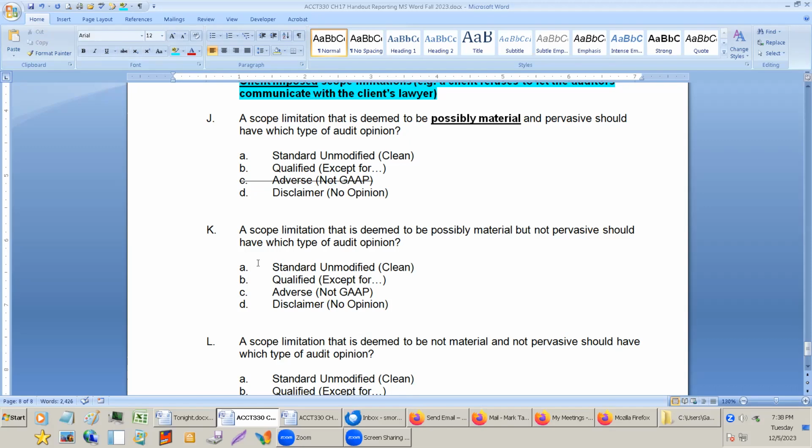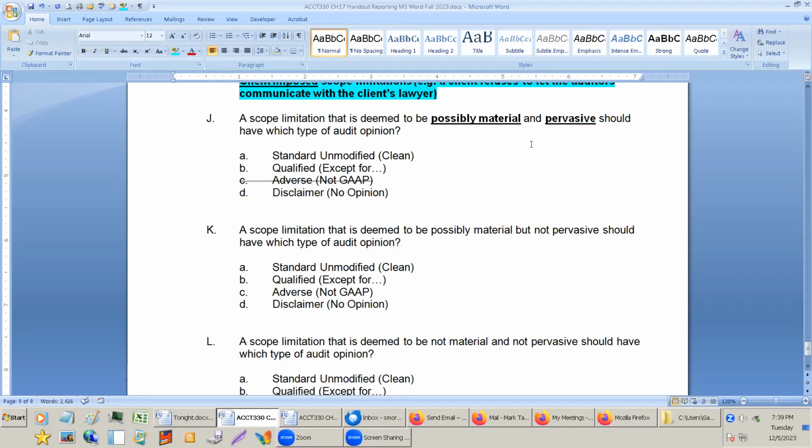Adverse opinion means you know that it's misstated by a certain amount. B would be if it was not pervasive. It probably is B. And actually, you jumped ahead.